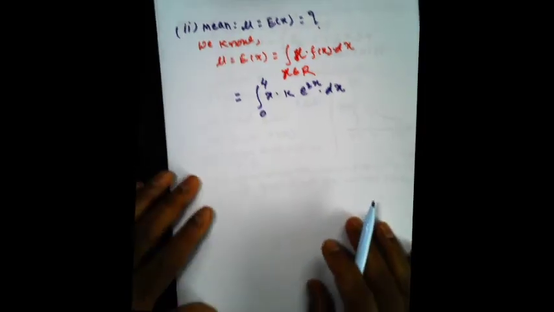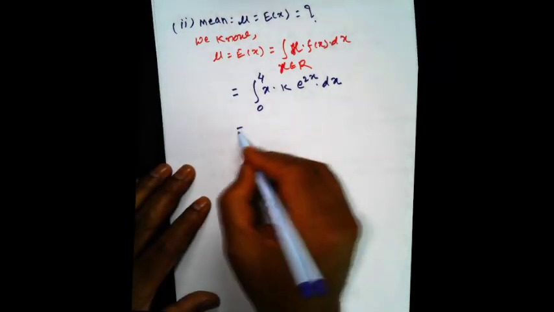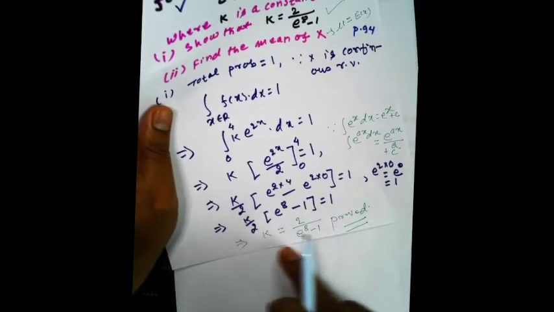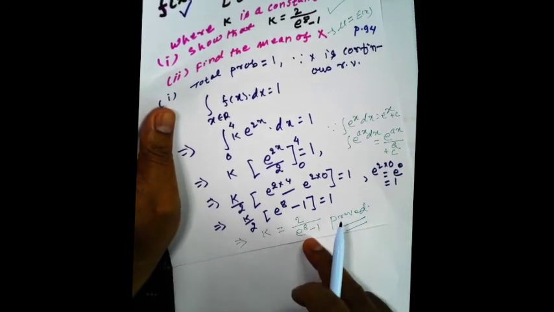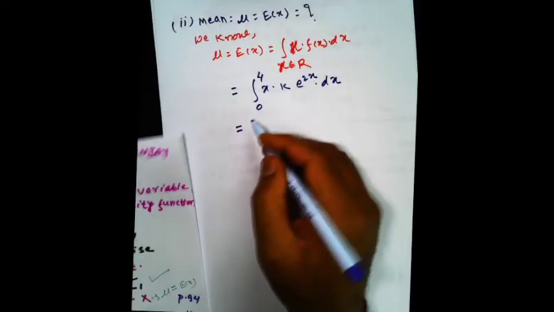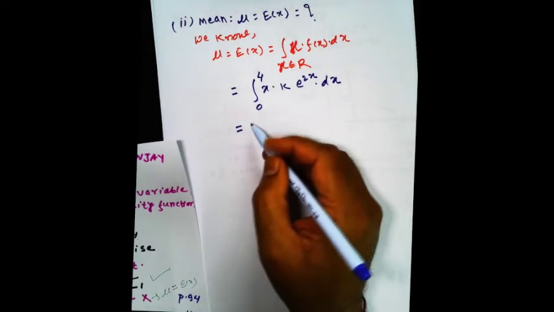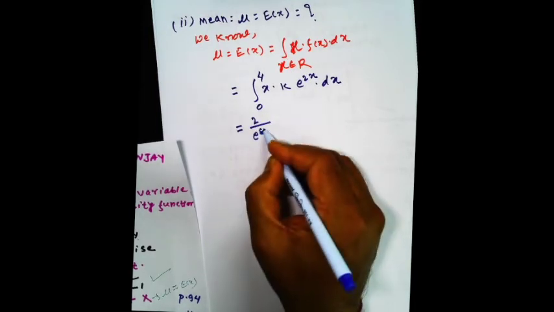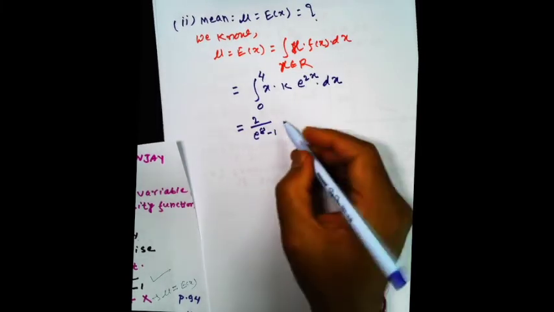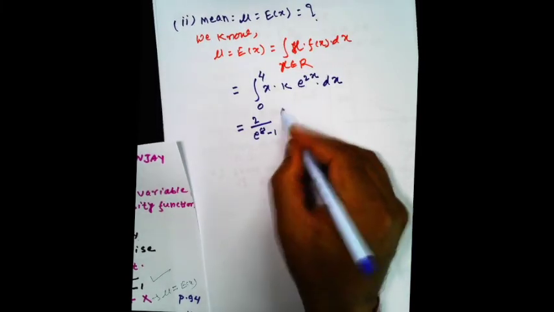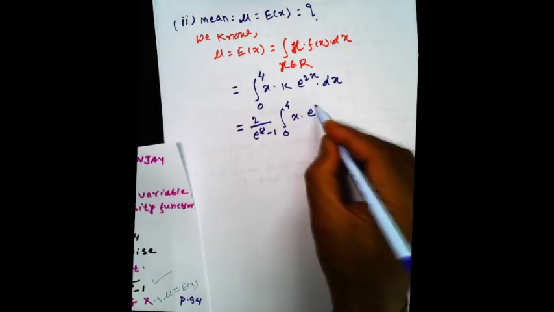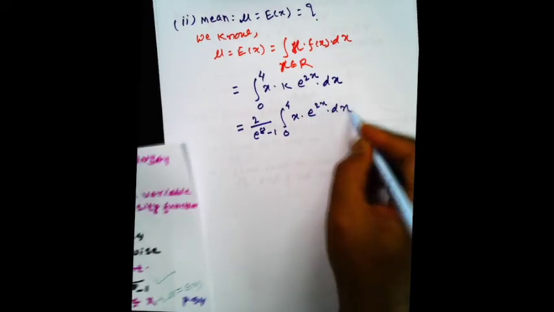Okay, so k is outside, and we have already proved that k equals 2 by e to the power 8 minus 1. So here we can write in place of k, 2 divided by e to the power 8 minus 1, and then the integration from 0 to 4 of x e to the power 2x dx.